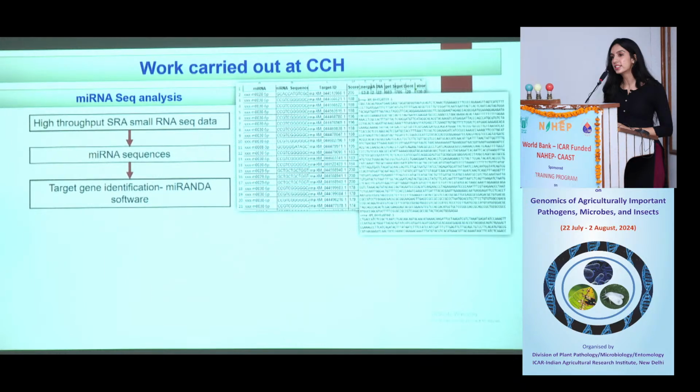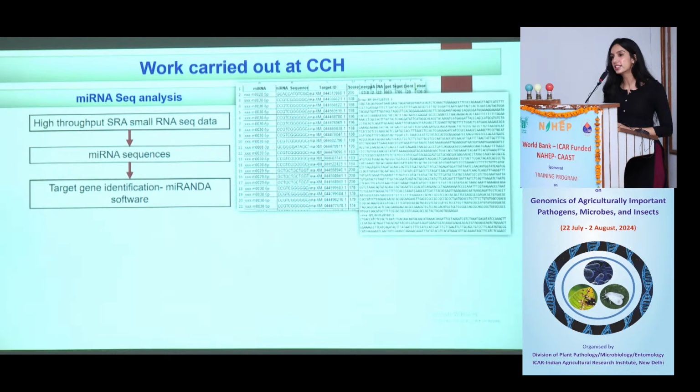There are many other tools like psRNATarget that you can use for getting the targets of the corresponding microRNAs. These are R based packages also, or some are freely available on web servers as well. For example, a part of the Miranda software is available on a freely available web source, SRplot, where you can use it for the identification of the targets.